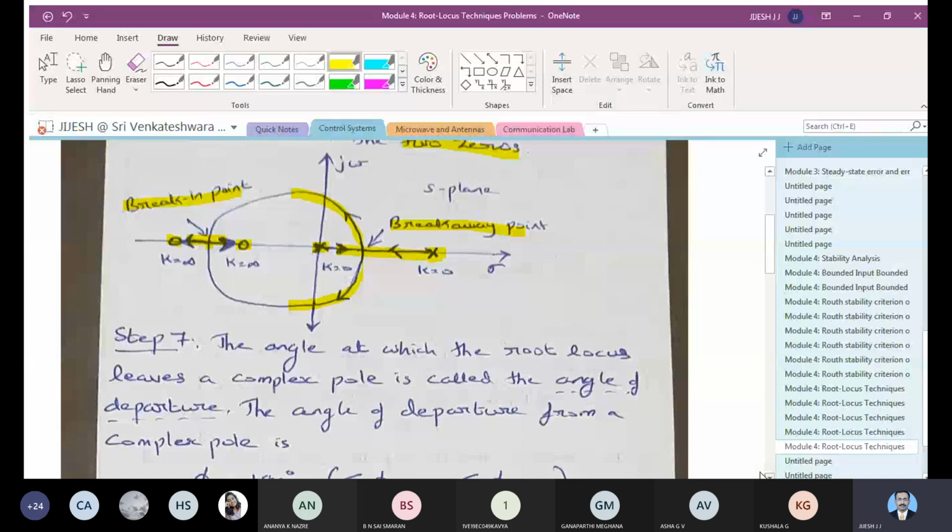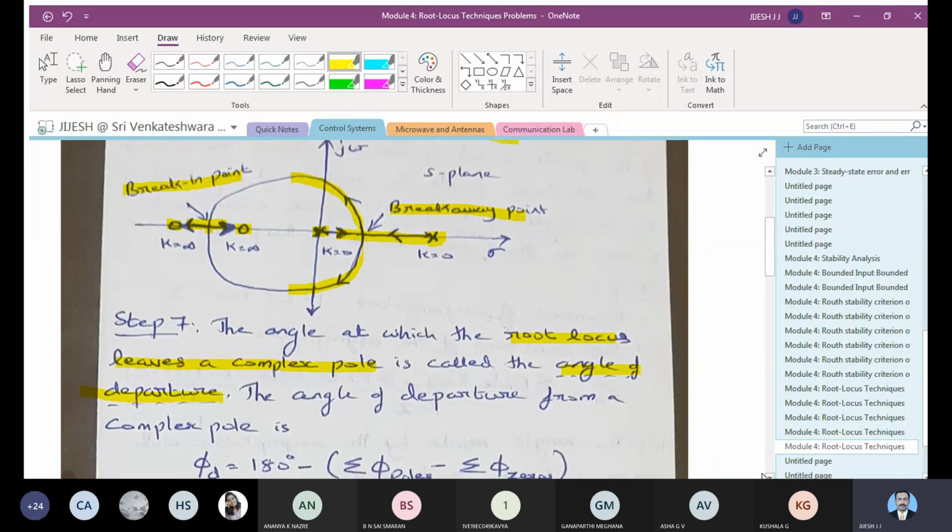So in step 7, you are going to see that the angle at which the root locus leaves the complex poles is called the angle of departure. So you have to see the angle of departure, that is the angle at which the root locus leaves the complex poles. And the angle of departure from the complex pole can be calculated by using the equation phi d.